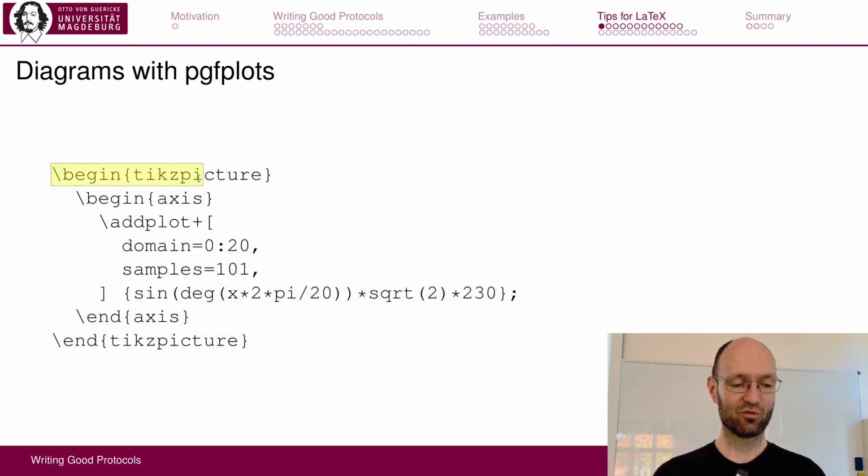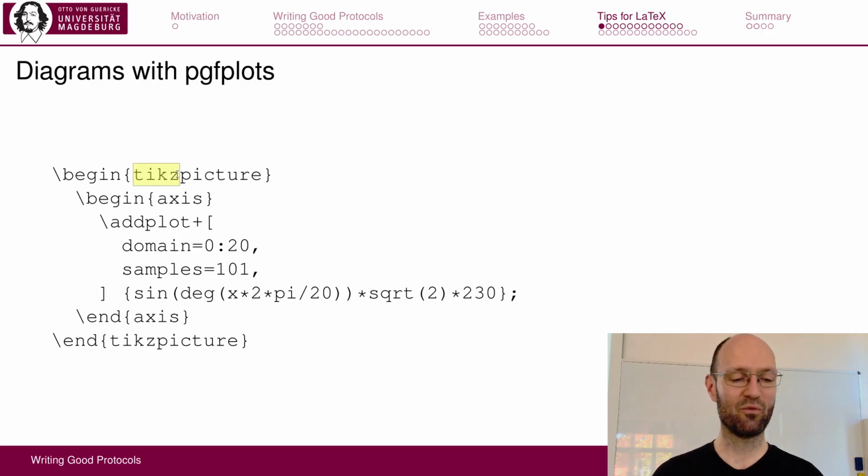So this is how LaTeX source code looks like. The begin and end are always environments, and there's an environment called TikZ picture that has been developed by a German person, and he was also a nerd. So this TikZ is an abbreviation for "TikZ ist kein Zeichenprogramm": TikZ is not a drawing program, it's a drawing language.